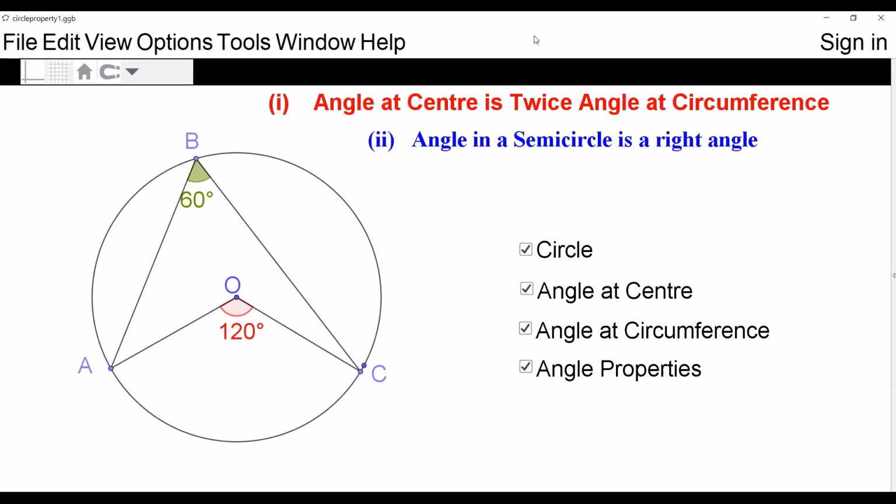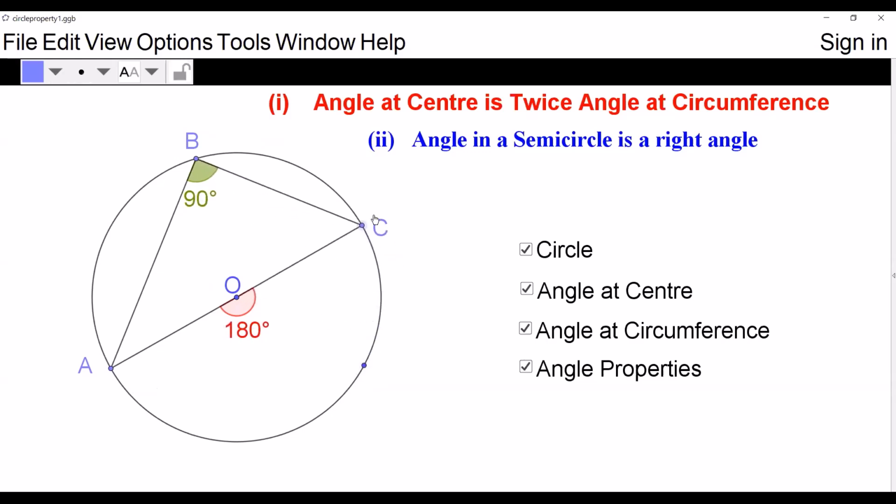We have also seen that angle in a semicircle, that is, if the angle at the center is 180 degrees, then angle at circumference is half, that is 90. So any angle in a semicircle will be 90 degrees.